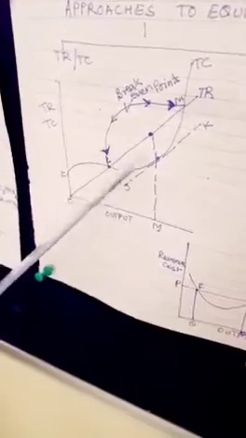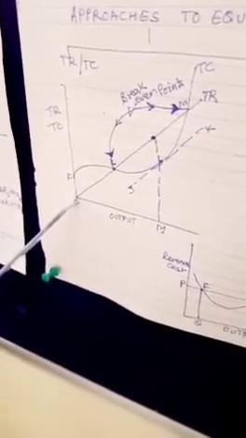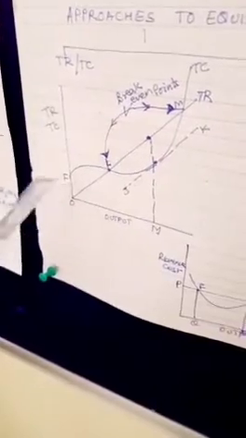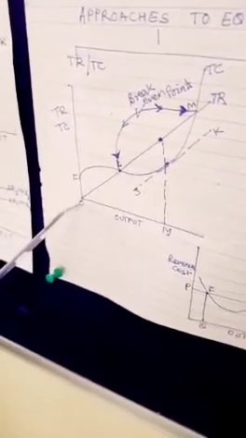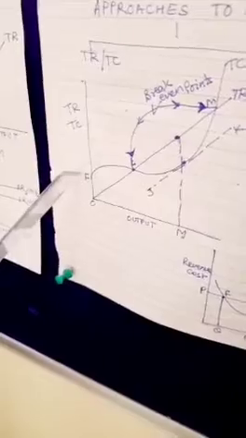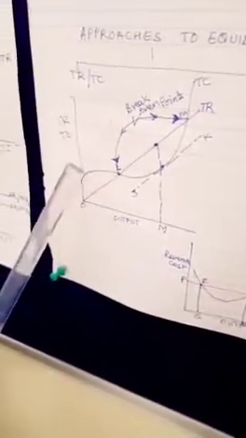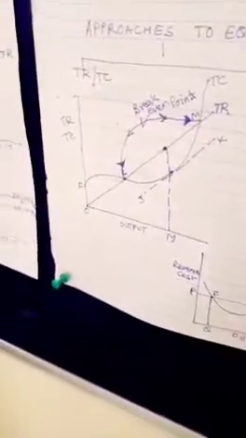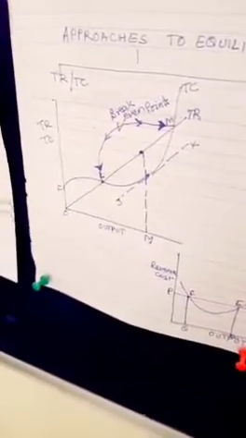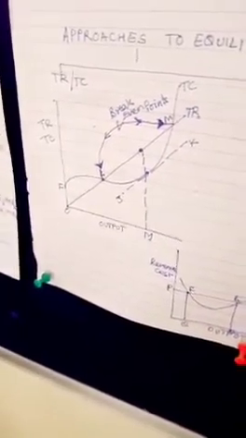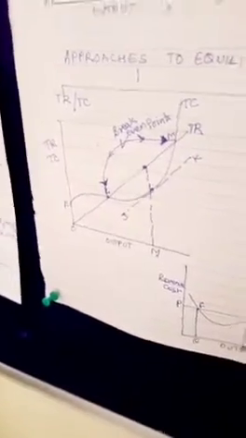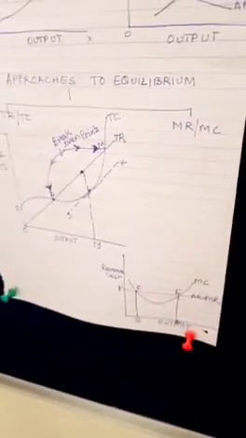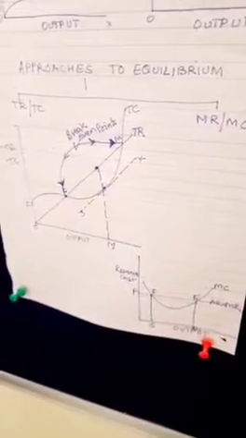Here the TR curve is straight, and TC, because it has the fixed cost also, doesn't start from 0, but starts from F here. So this is the total cost, and according to this, the equilibrium of a firm is where the difference between TR and TC is maximum.